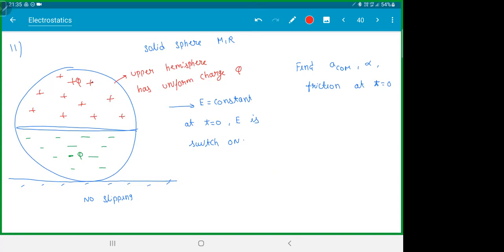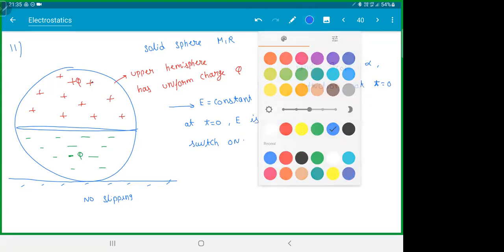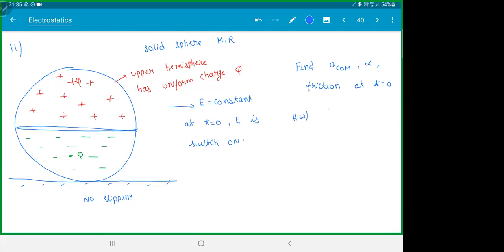Think. It's a good one. I'll add more questions here as homework you can try. Find angular velocity as a function of angle rotated, and describe the motion.